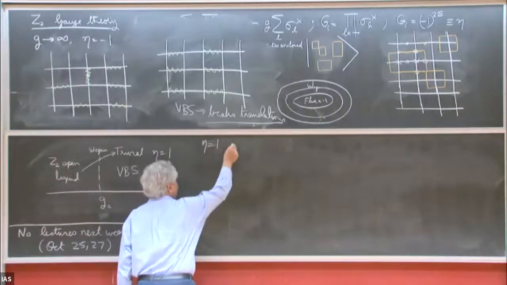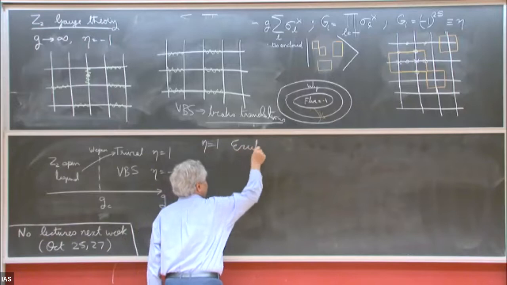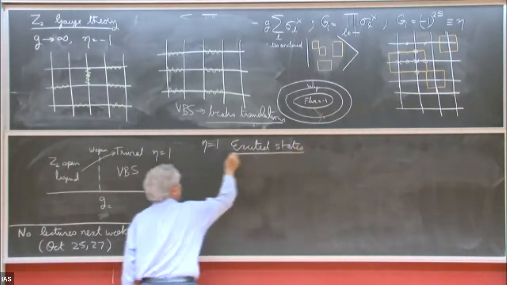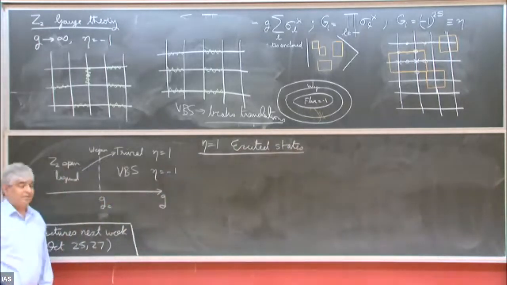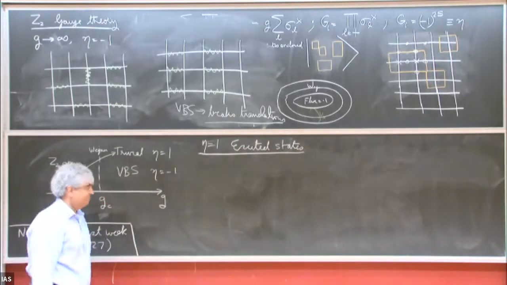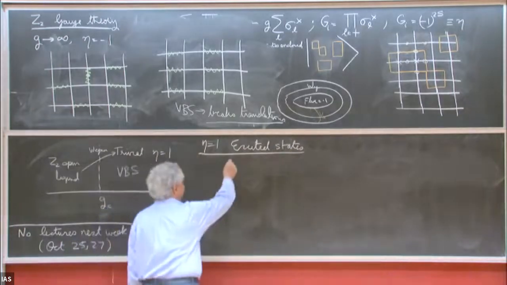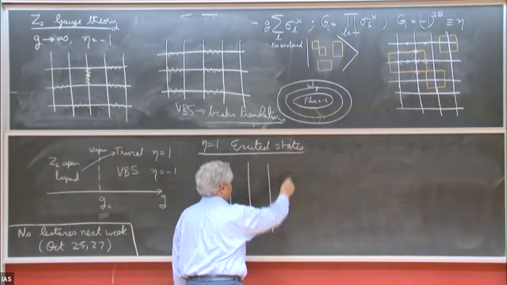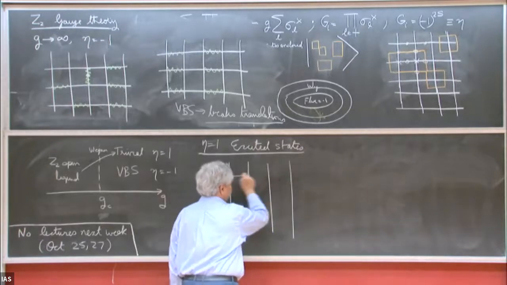So eta equals 1. What are the excited states? So this will be actually a homework problem where you can work out all the perturbation theory in detail, already in the problem set. So it's just a matter of doing the perturbation theory that we did for the ground state, for the excited state.